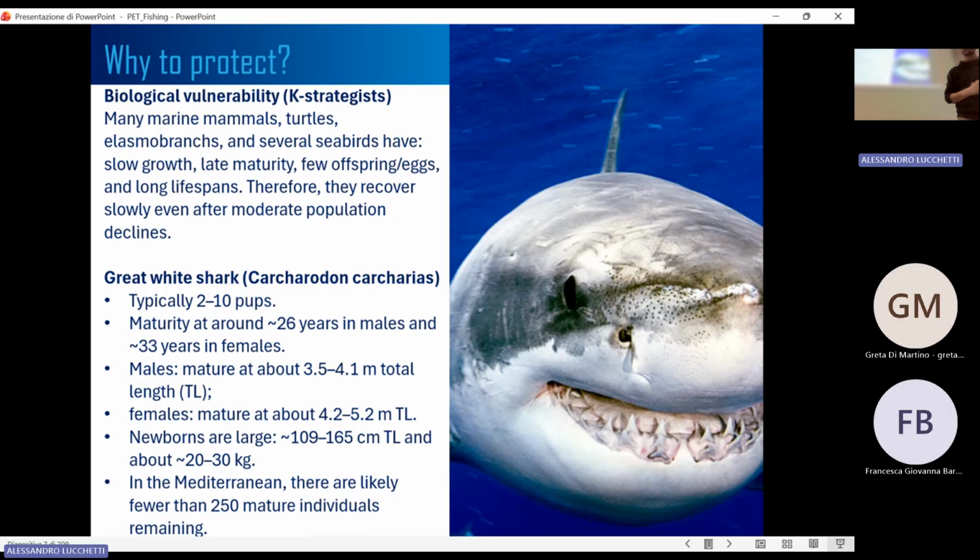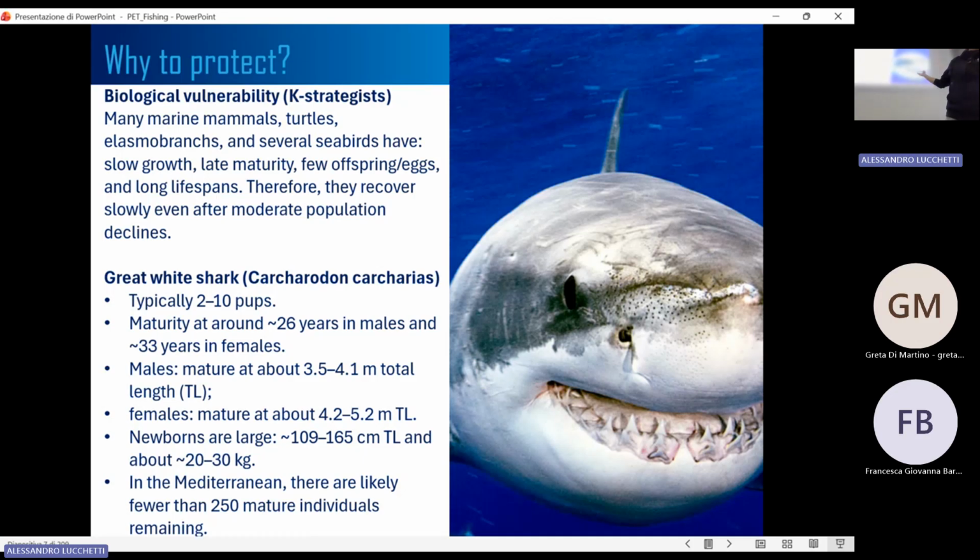I just read a paper from Alessandro from Croatia that reports on this famous LEK research, local ecological knowledge research, based on pictures from tourists, etc. Sometimes the pictures were reported as a white shark, but going into detail, that was not a white shark. So you have to take the information that you find in this type of research with care.